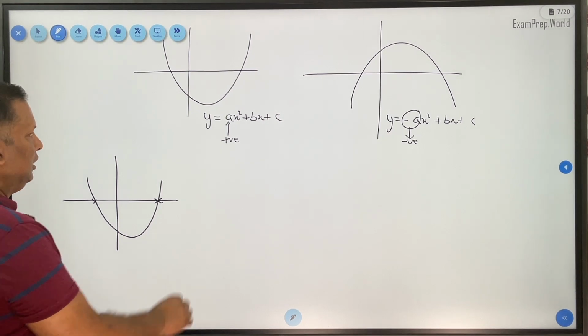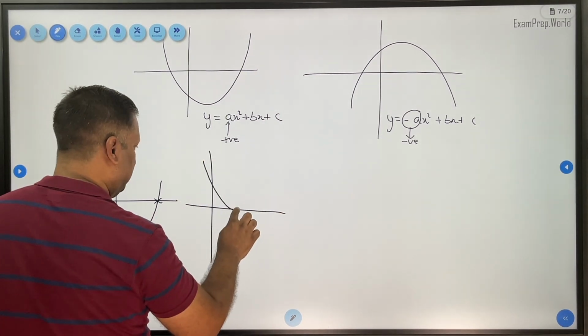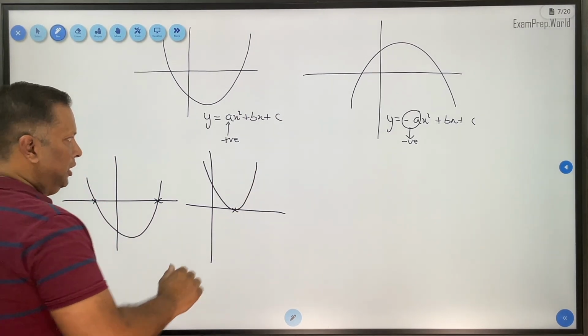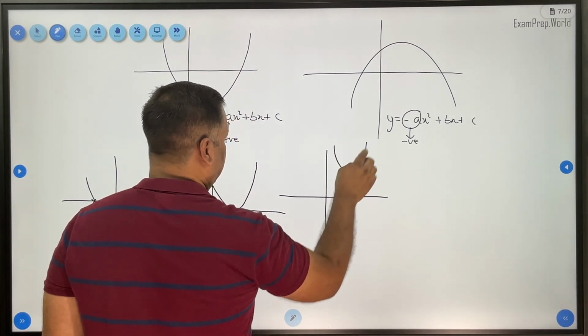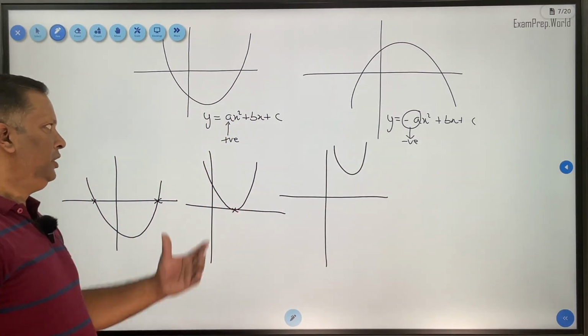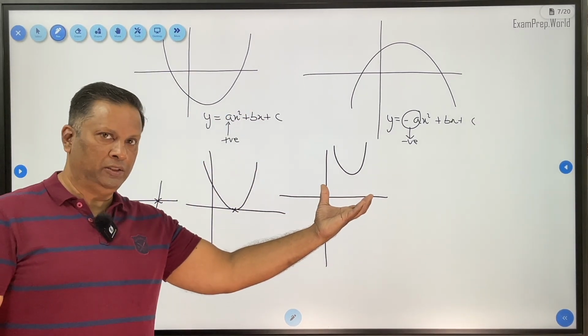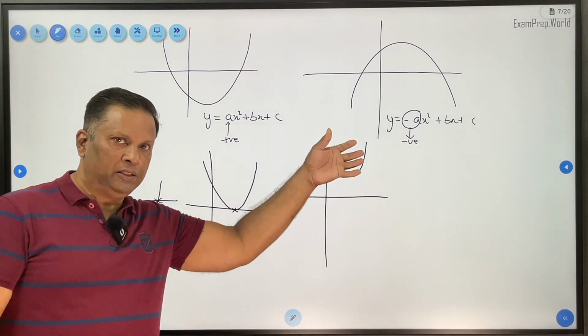You can have another which touches the x-axis at only 1 point. And the third one doesn't even touch the x-axis. So there are 3 upward opening parabolas which touch the x-axis at 2 points, 1 point, and none.